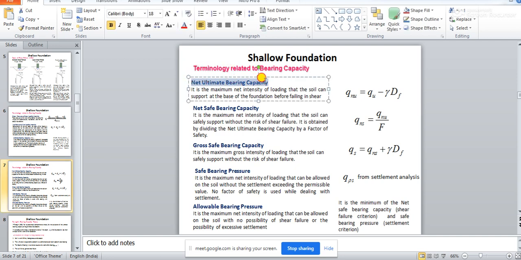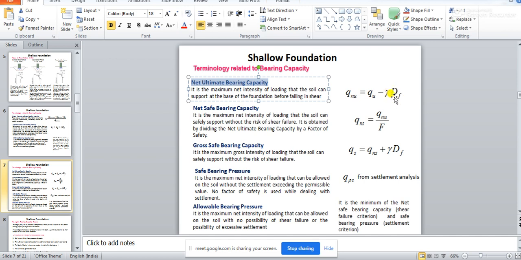net ultimate bearing capacity. Previously we understood ultimate bearing capacity. Now, what is net ultimate bearing capacity? Net ultimate bearing capacity is nothing but what you get if you subtract the overburden pressure of the soil. Now, what is the overburden pressure?